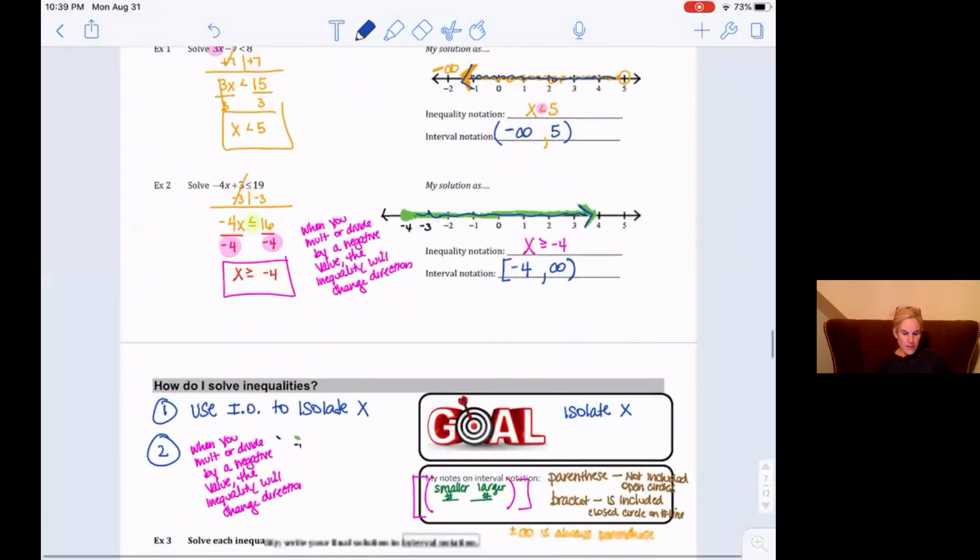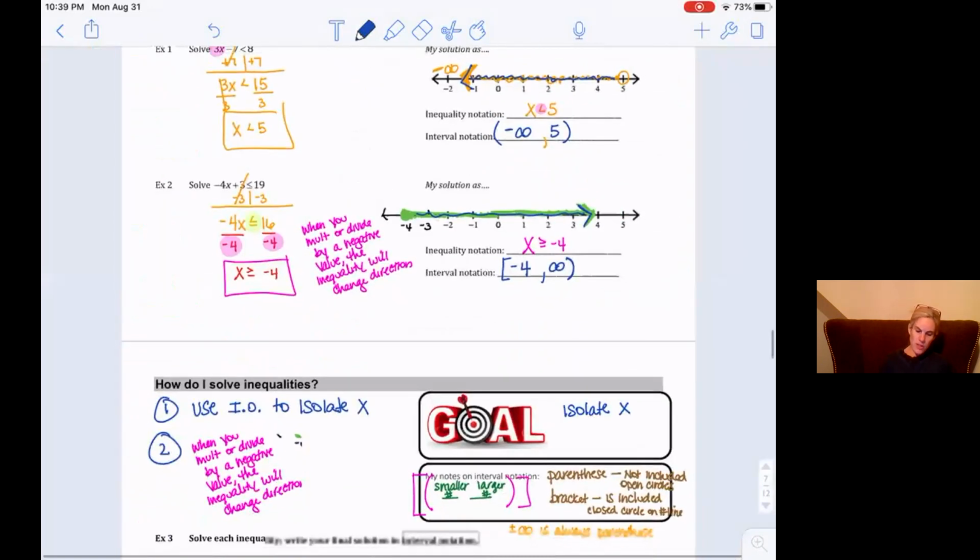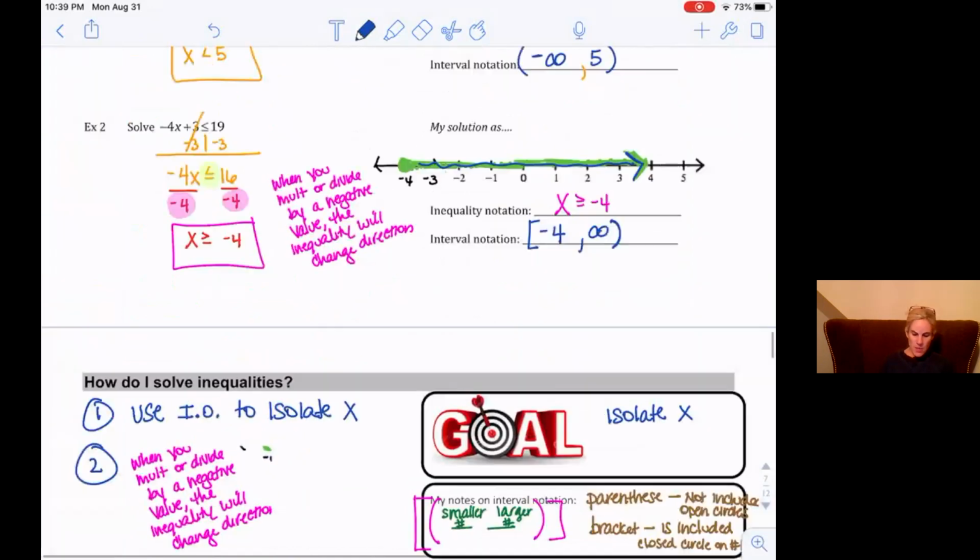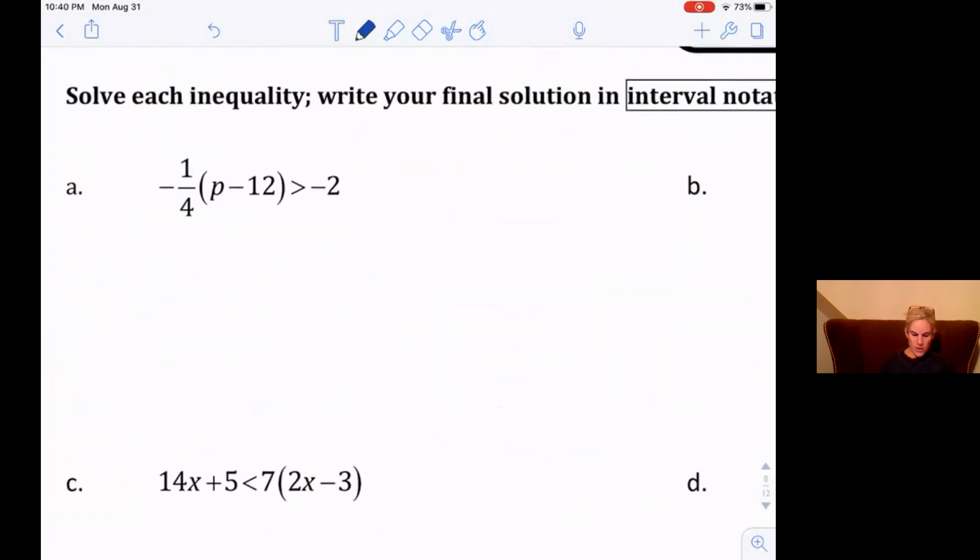All right. Example 3 says to solve each inequality, write your final solution in interval notation. So example 3, A says -1/4 times the quantity p minus 12 is greater than -2. All right, so on this one, I would treat this as if there was an equal sign there. And our goal is to isolate p, which is inside that parentheses.